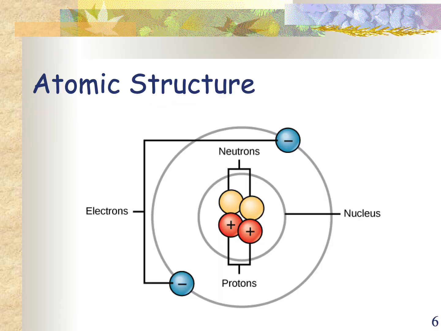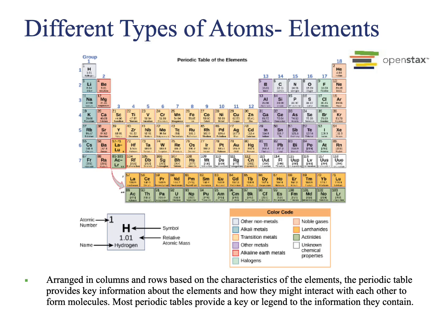All atoms will have at least one proton, but they may have more. Atoms may have neutrons, which are neutral particles that are in the center of the atom, kind of attached to the protons. And then there are electrons that are outside the center of the atom, outside of the nucleus, and that orbit around them.